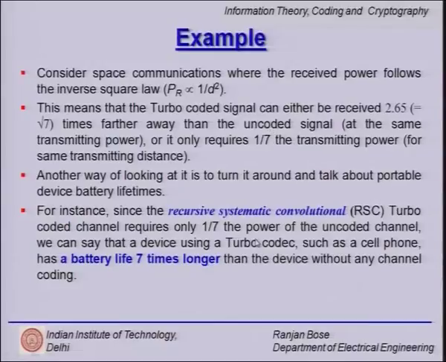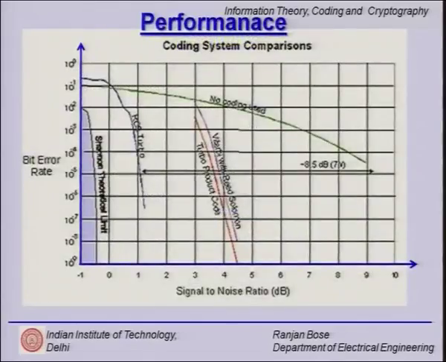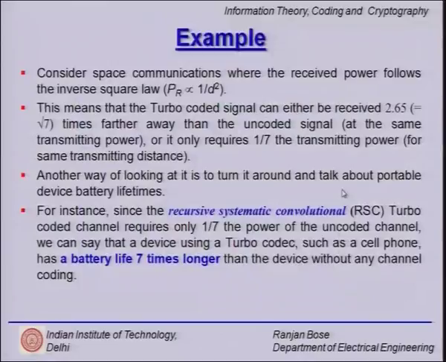As we saw in this previous diagram of a recursive systematic convolutional RSC turbo encoder, for a bit error rate of 10⁻⁵, we have this 8.5 dB coding gain, which is like root 7, and which gives you a humongous saving in power.